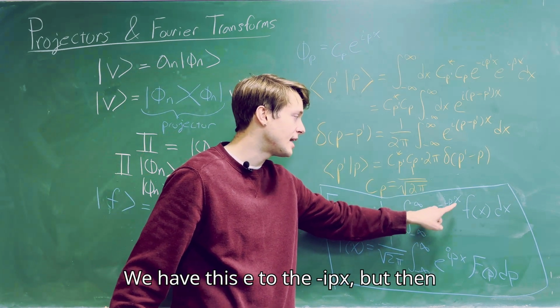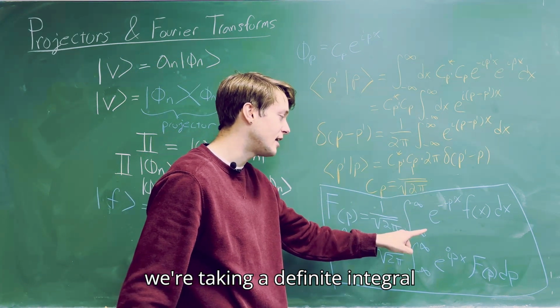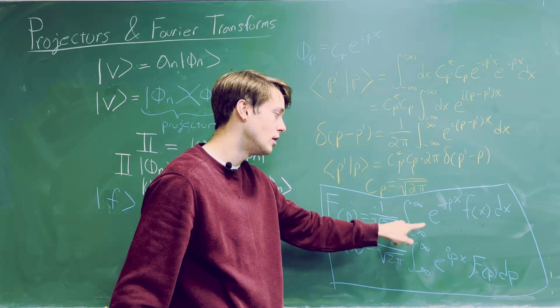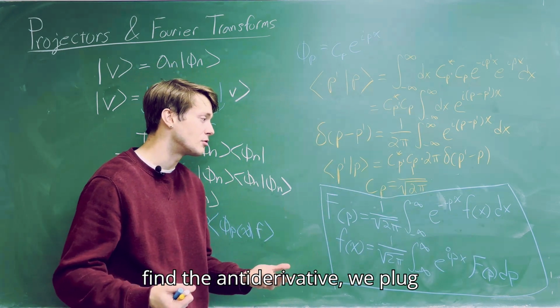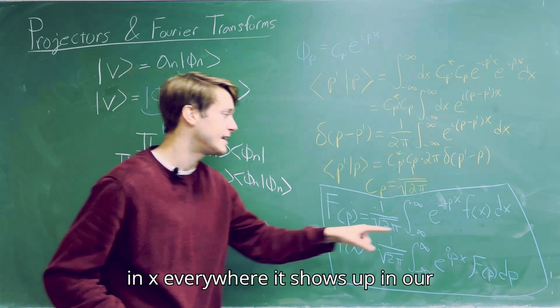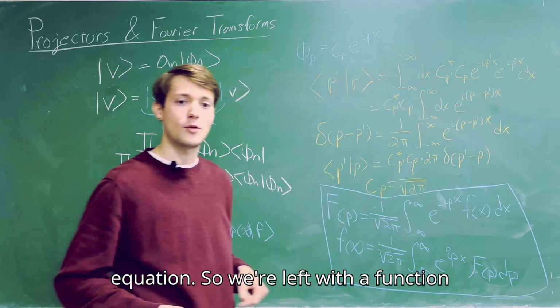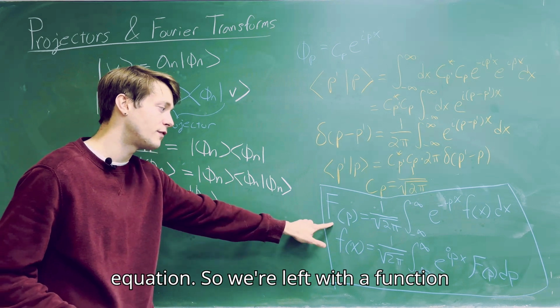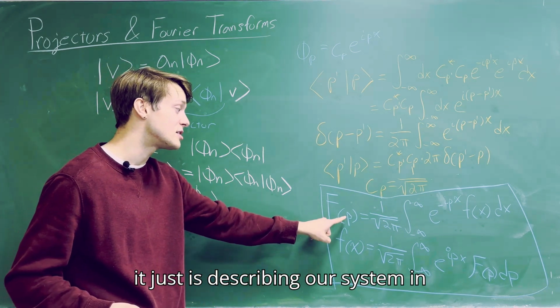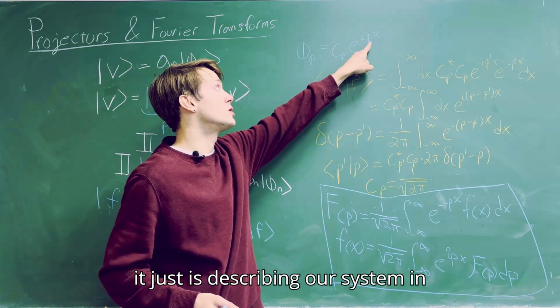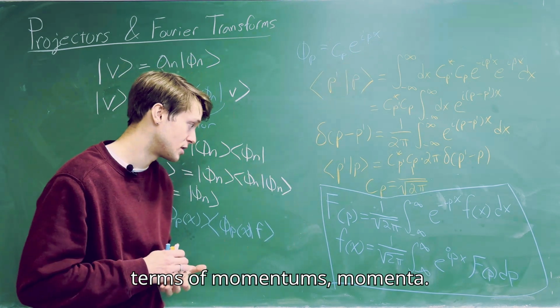We have this e to the minus ipx, but then we're taking a definite integral over our x variable. So if we find the antiderivative, we plug in x everywhere it shows up in our equation. So we're left with a function that no longer contains any x's, and it just is describing our system in terms of momentums, momenta.